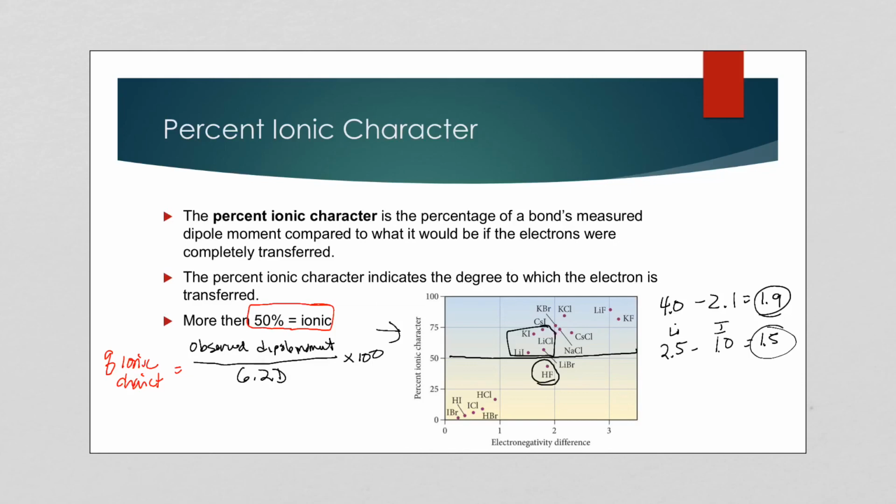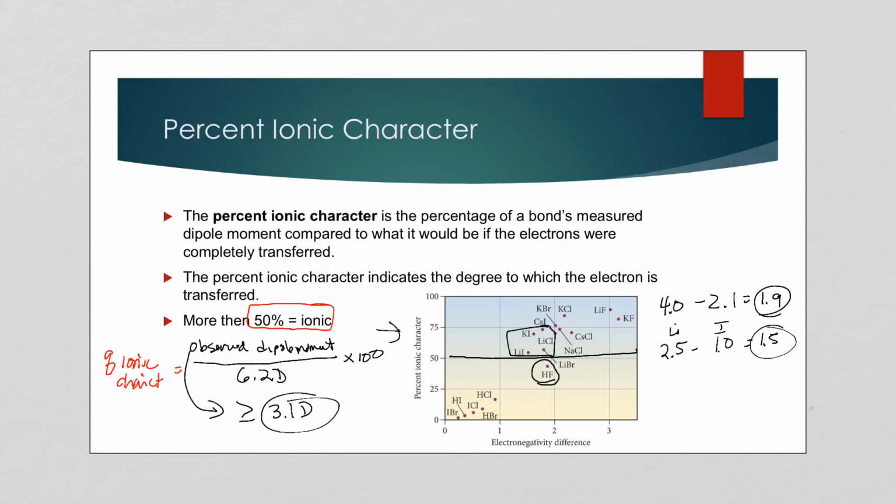But in terms of percent ionic character, they're above 50%. So they're going to exhibit ionic bonding, because their observed dipole is going to be higher than what's necessary to get 50%. So you need this to be greater than or equal to 3.1, and that's going to give you your 50% or above.